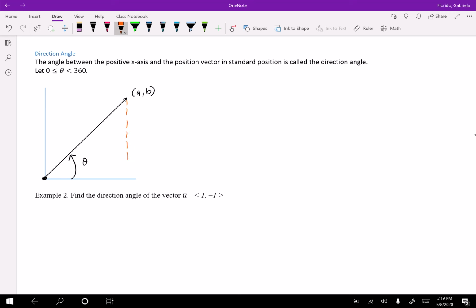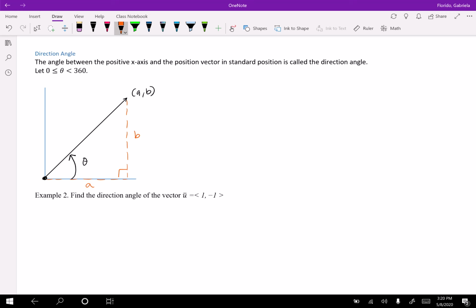We know that the length of the vertical side is b, so the length opposite this angle is b, and the length adjacent to this angle theta is little a.